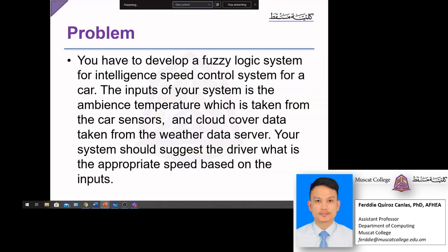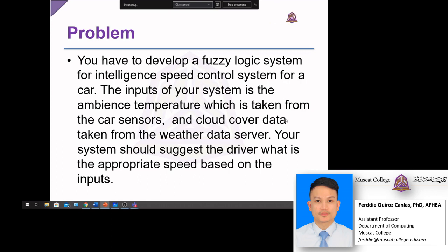You have to develop, okay, this is the problem. You have to develop a fuzzy logic system for an intelligent speed control system for a car. The inputs of your system are the ambient temperature, which is taken from the car sensors, and cloud cover data taken from the weather data server. Your system should suggest to the driver the appropriate speed based on the inputs.